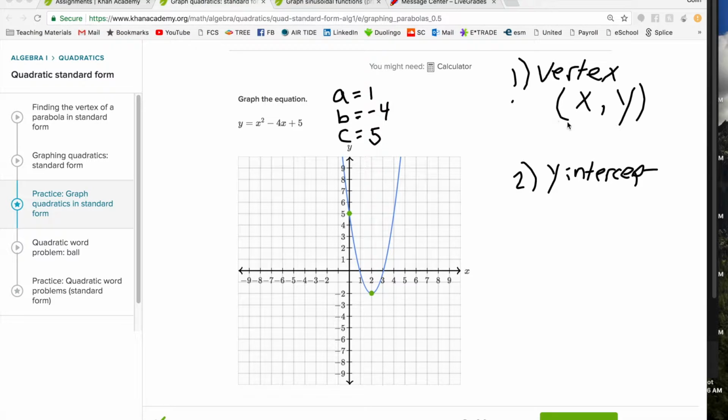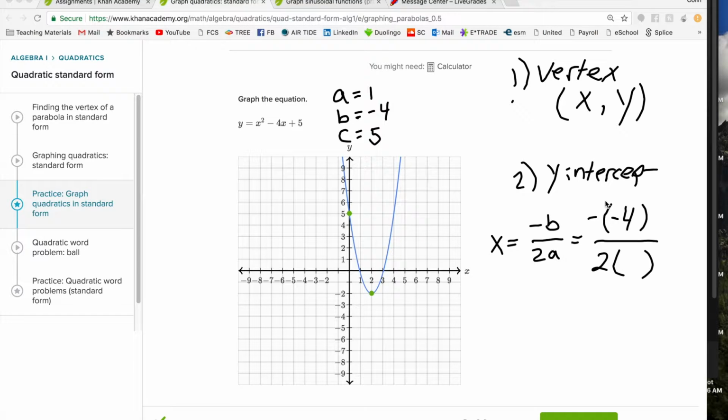To find the x coordinate of the vertex, we need to say x is -b over 2a. Now, here's the best way you can take care of all these negative signs: using parentheses where your a and b need to go. Our b is -4, so we put our -4 inside this parentheses, and now we got 2 negatives.